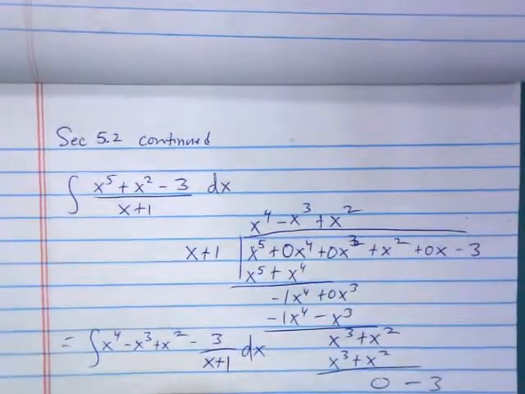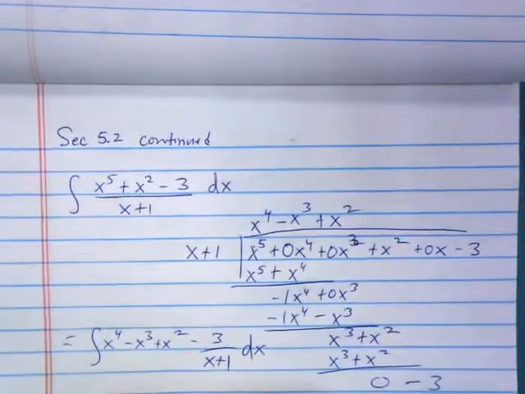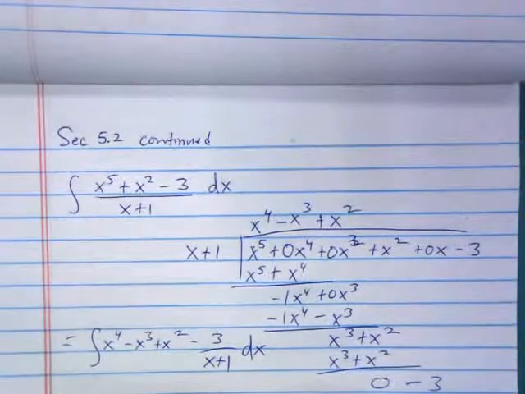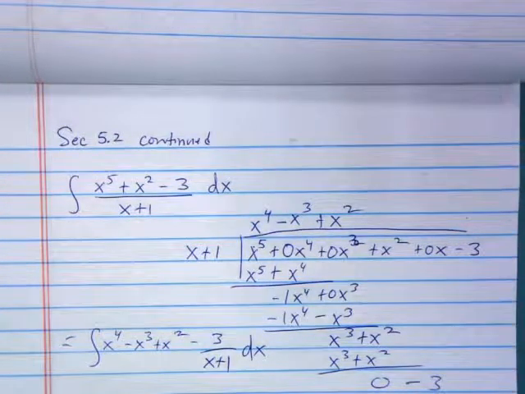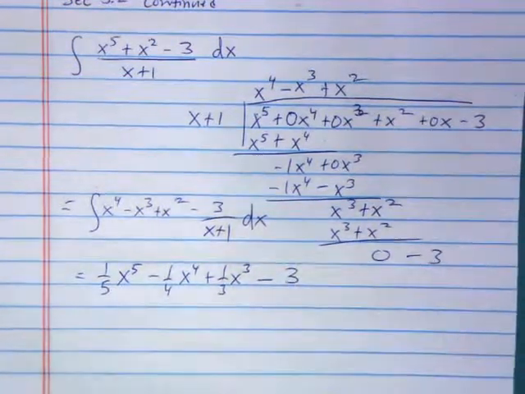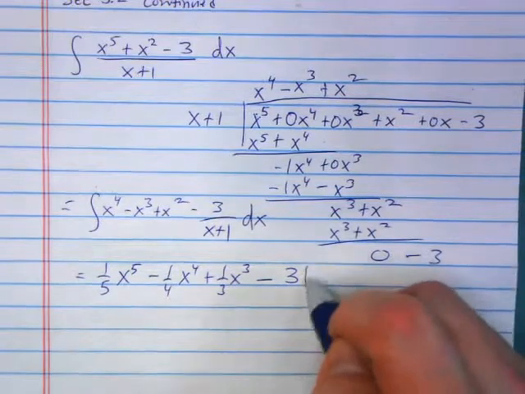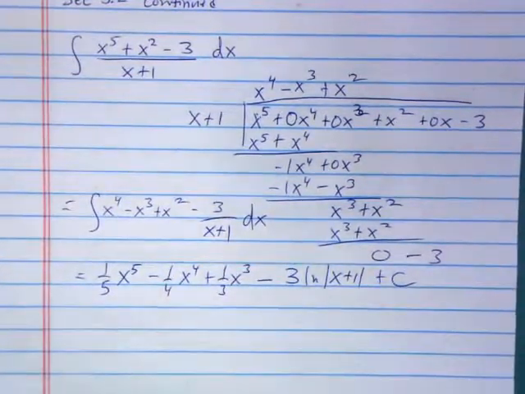Final answer is 1/5 x to the fifth minus 1/4 x to the fourth plus 1/3 x cubed minus 3 ln of absolute value of x plus 1. Very good. Plus c. Questions on that one?